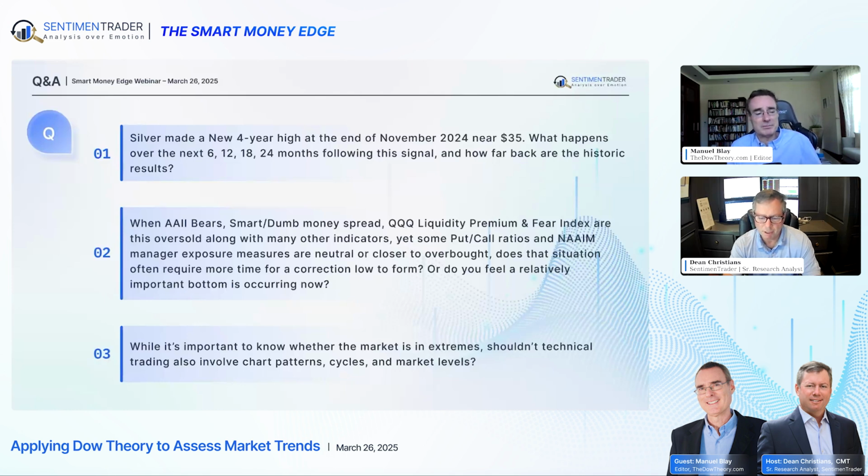Sure. If you are a short-term trader, then patterns and market levels probably have some meaning. But for medium to long-term traders, this kind of stuff is probably not relevant.